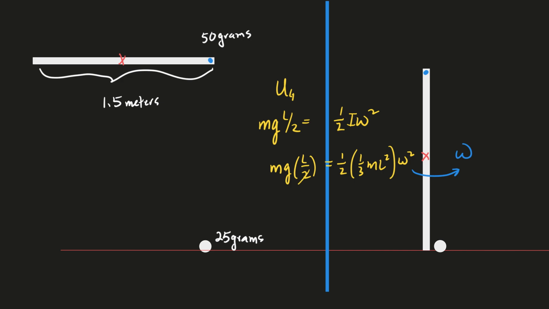So we can get rid of the 2, we can get rid of one of the L's, we can get rid of the M. That just simplifies our calculator work later. And I like doing it that way because you're more likely to have a problem in which you have to use symbols than you are numbers, but we have numerical information here we can plug in at the end. And it looks like omega squared is going to be equal to 3g over L.